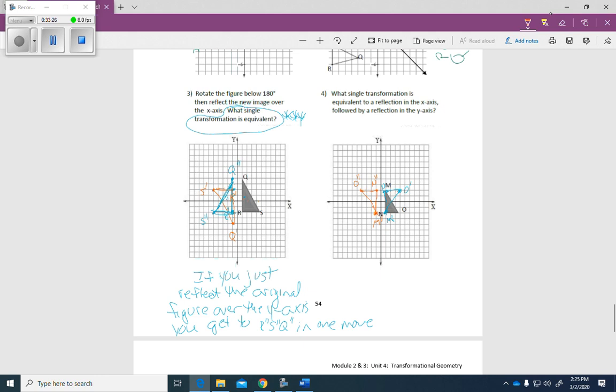And if we take a look at my figure in orange and the original gray figure, you can see that it looks like a 180-degree rotation. So if you reflect in the x and reflect in the y, it turns out to be a 180-degree rotation.